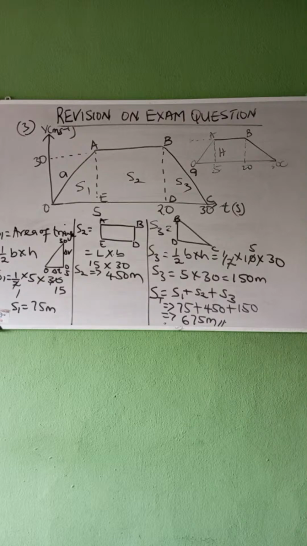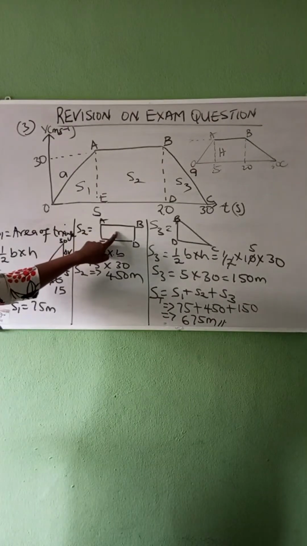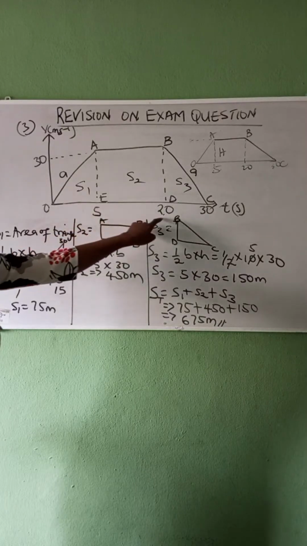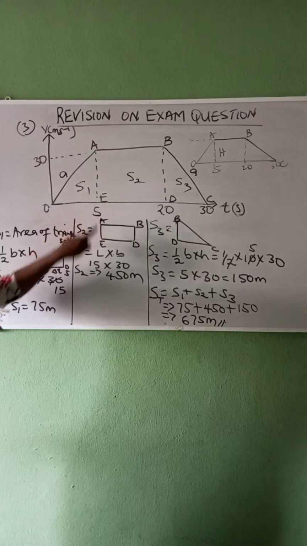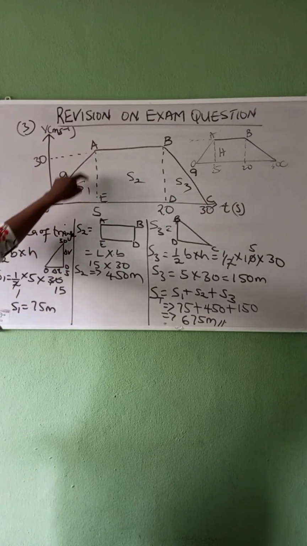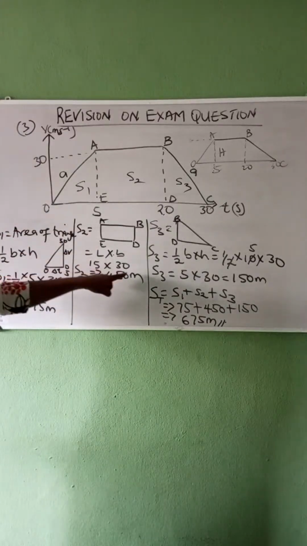S2, okay? S2 is a rectangle, okay? This is the length. See the length: 20 minus 5, that is 15, okay? Then the breadth, I see it, okay? Then I come here, 30 minus 0, that is what? 30.